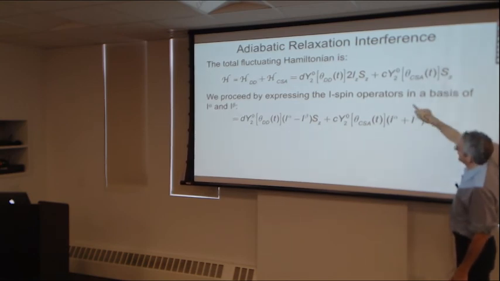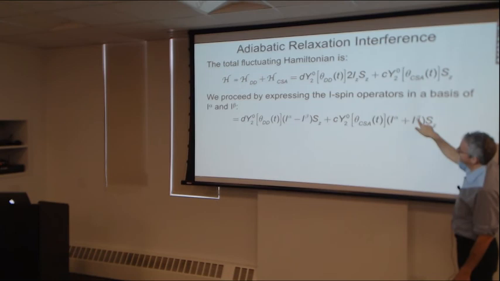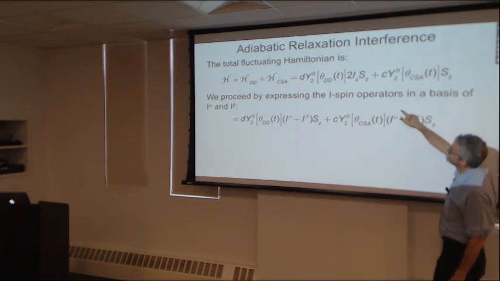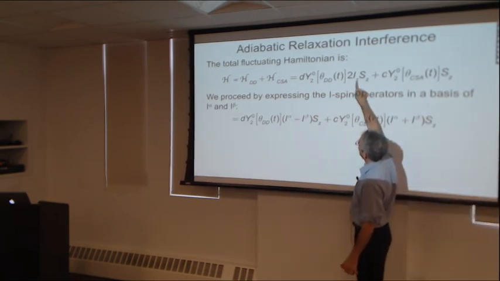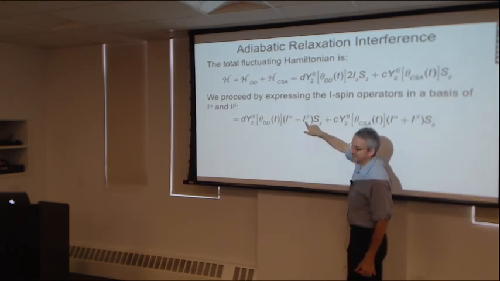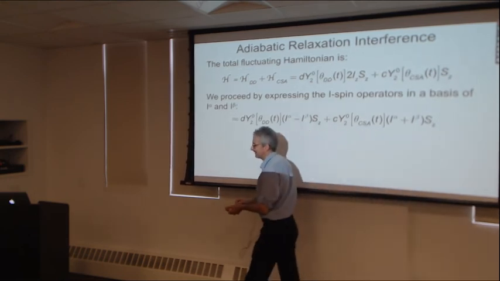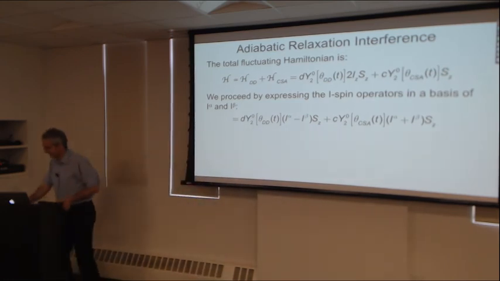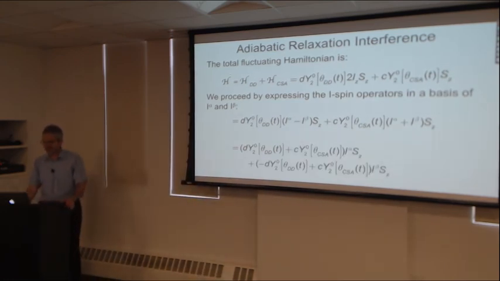And the identity operator is the sum of I alpha and I beta. And here, IZ is the difference between I alpha and I beta divided by 2. So I made those substitutions. Again, it's a case of me knowing the answer.